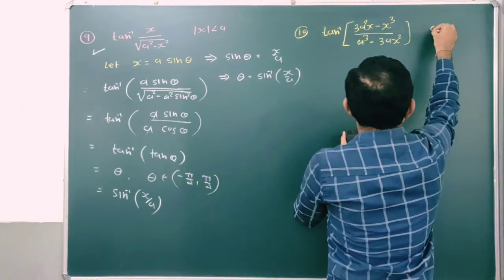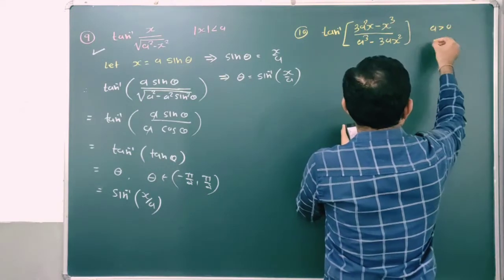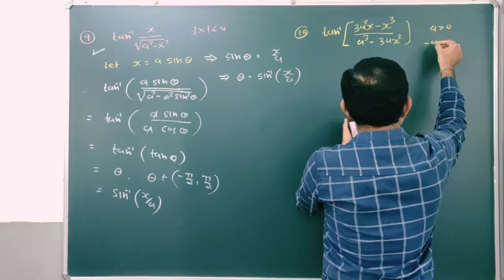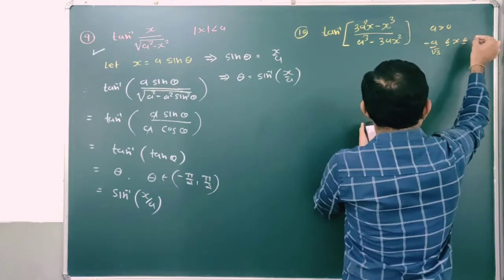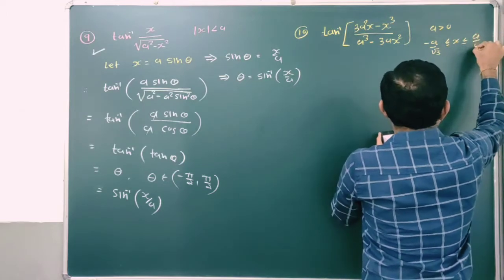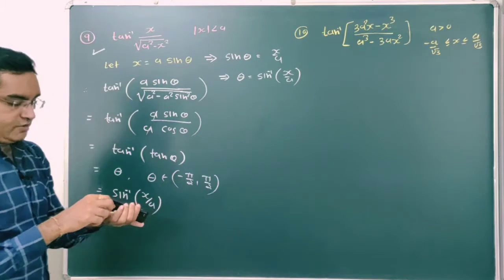The condition is a is greater than 0 and the value of x is minus a by root 3 less than or equal to x less than or equal to a upon root 3. We have to simplify this given trigonometric ratio.